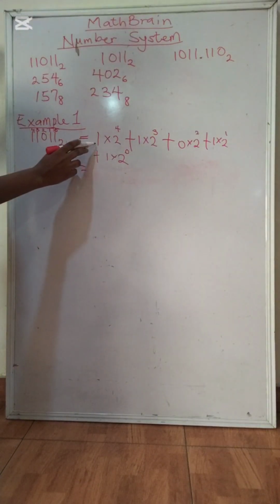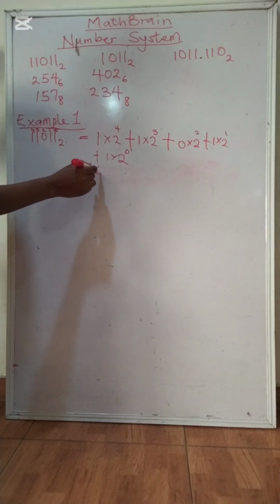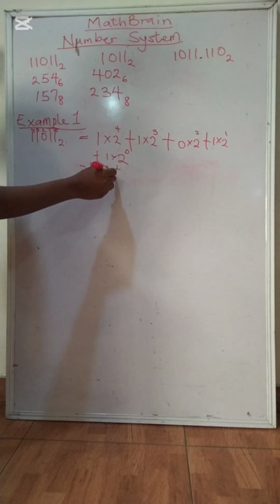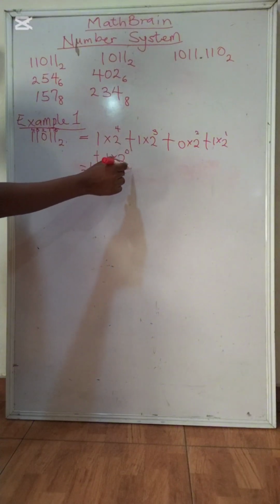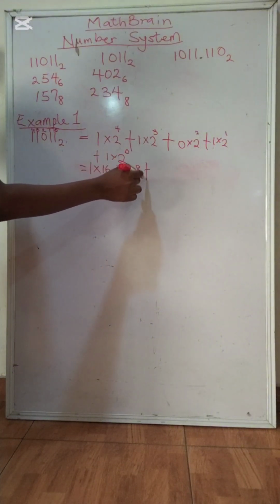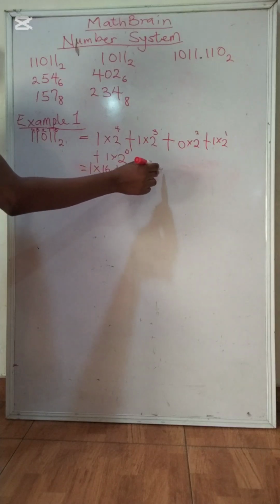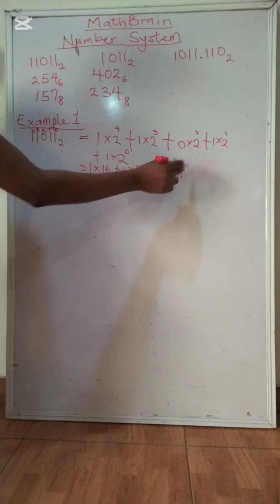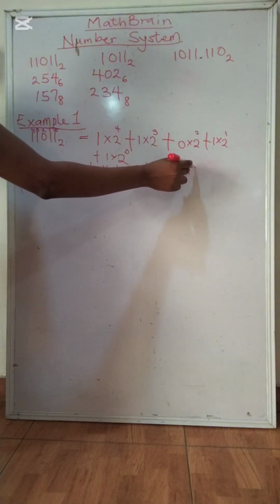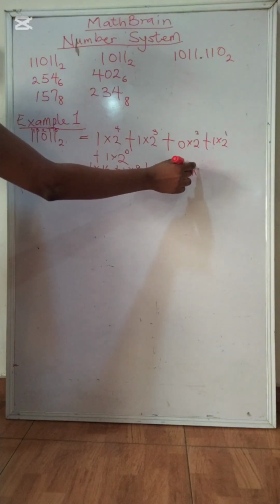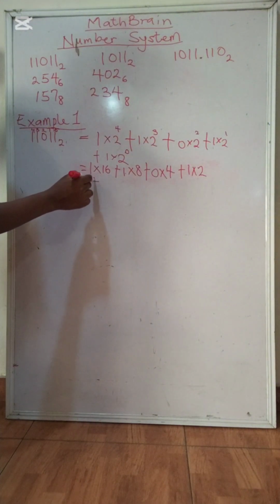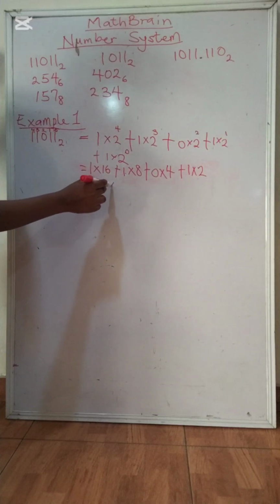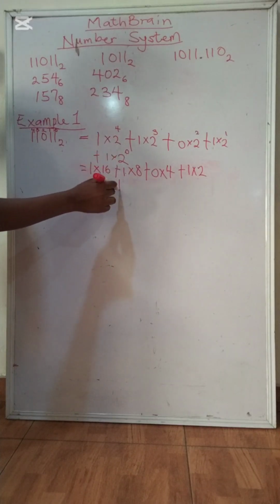So we have 1 times 2 raised to power 4, which is 16, plus 1 times 2 raised to power 3, which is 8, plus 0 times 2 raised to power 2, which is 4, plus 1 times 2 raised to power 1, which is 2, plus 1 times 2 raised to power 0, which is 1.